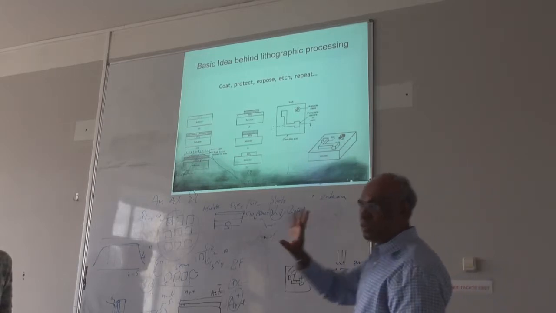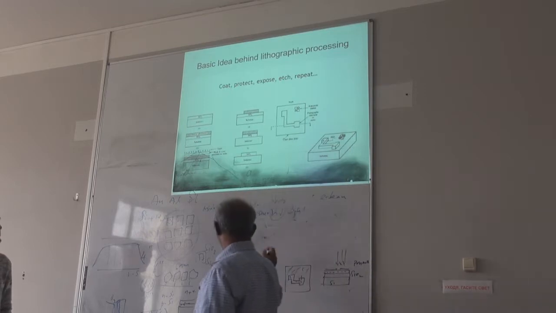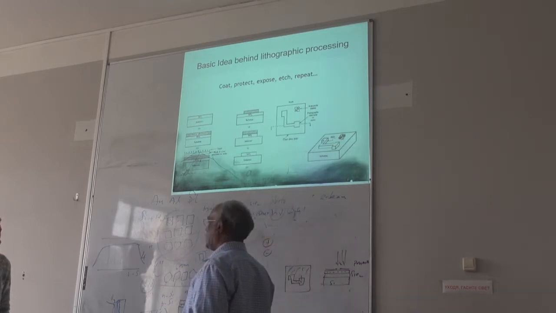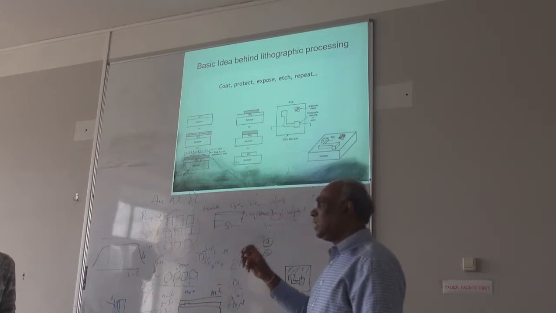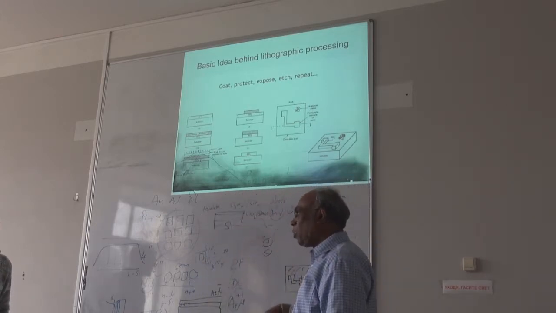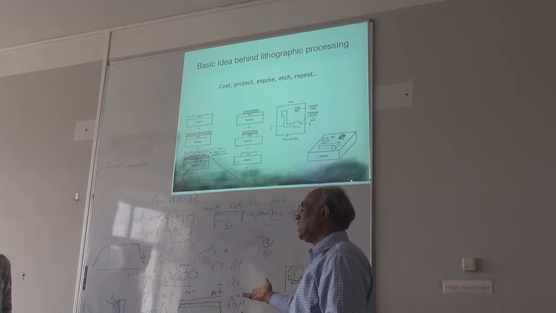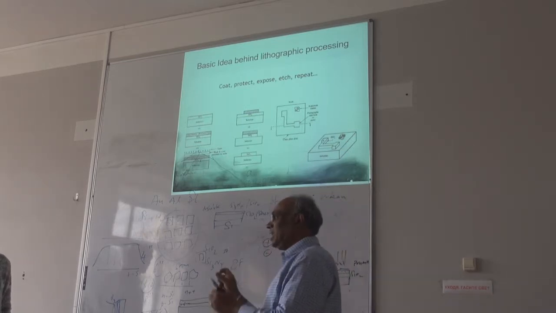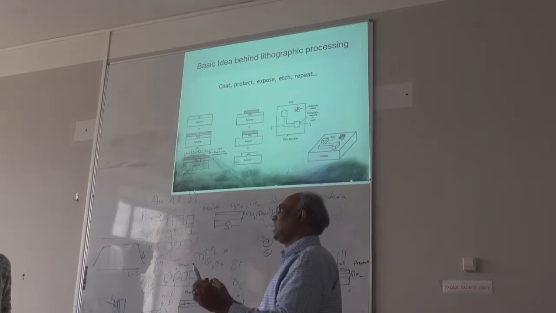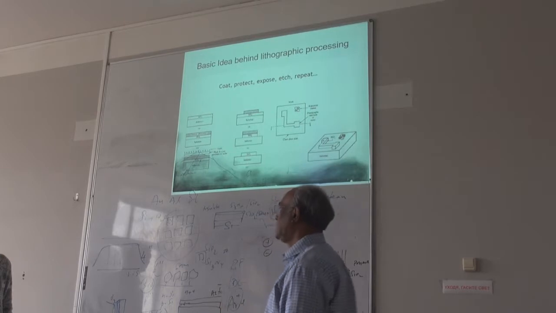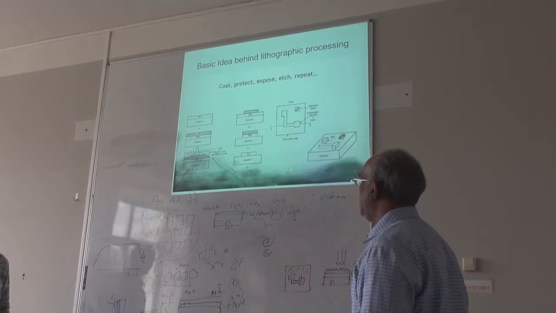There are two kinds of polymers: positive or negative photoresist. Positive means the part that gets exposed can be easily removed by developing. Negative means the part that does not get exposed can be removed easily. That way you can do whatever patterning you want.